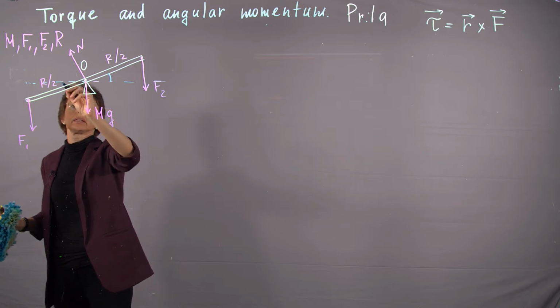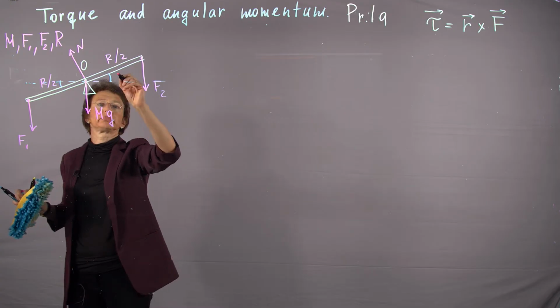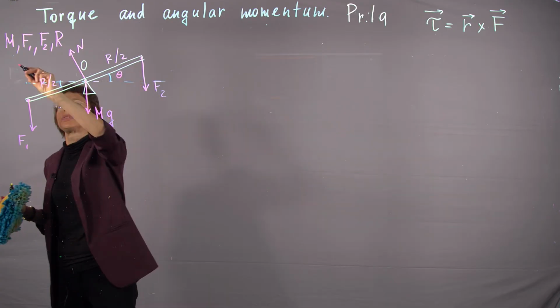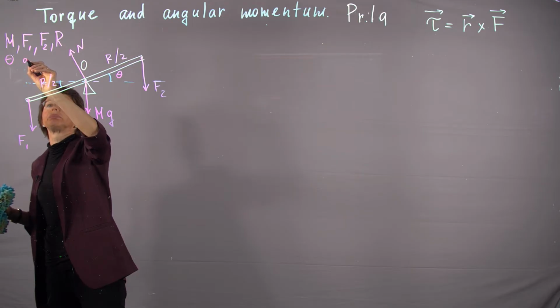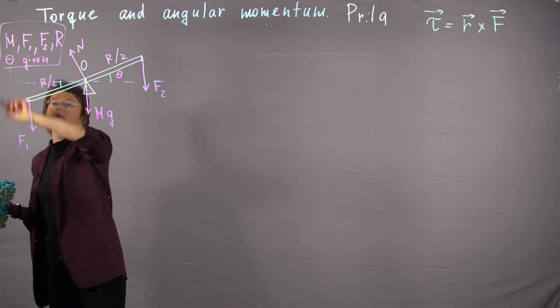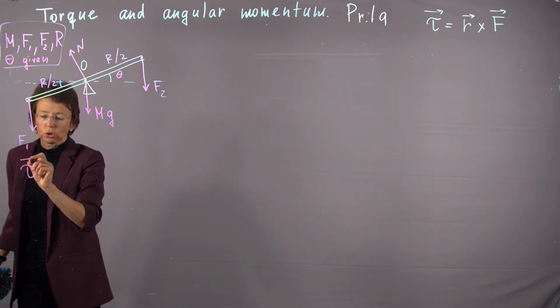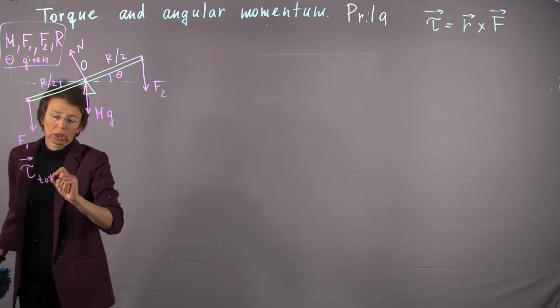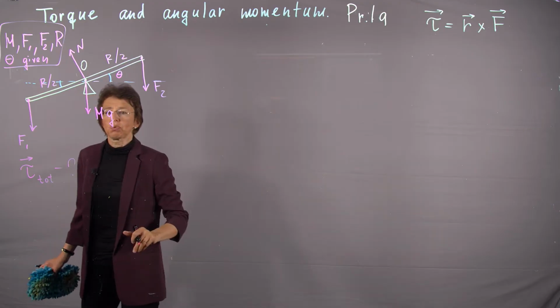So this angle is equal to this angle, and this is theta. All this is given. We need to find the total torque, tau total, acting on this rod and created by all these forces.